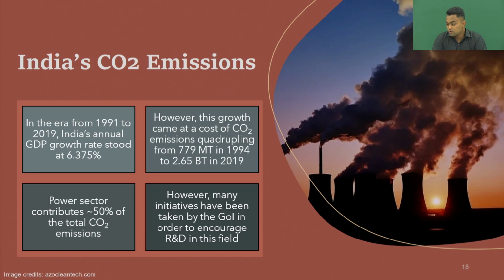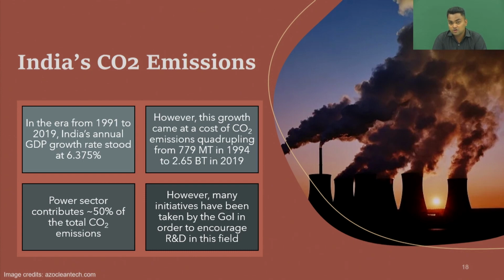India's GDP rate increased to 6.375 from 1991 to 2019. However, this increase came at the cost of quadrupling CO2 emissions from 779 megatons in 1994 to 3.6 gigatons in 2019.